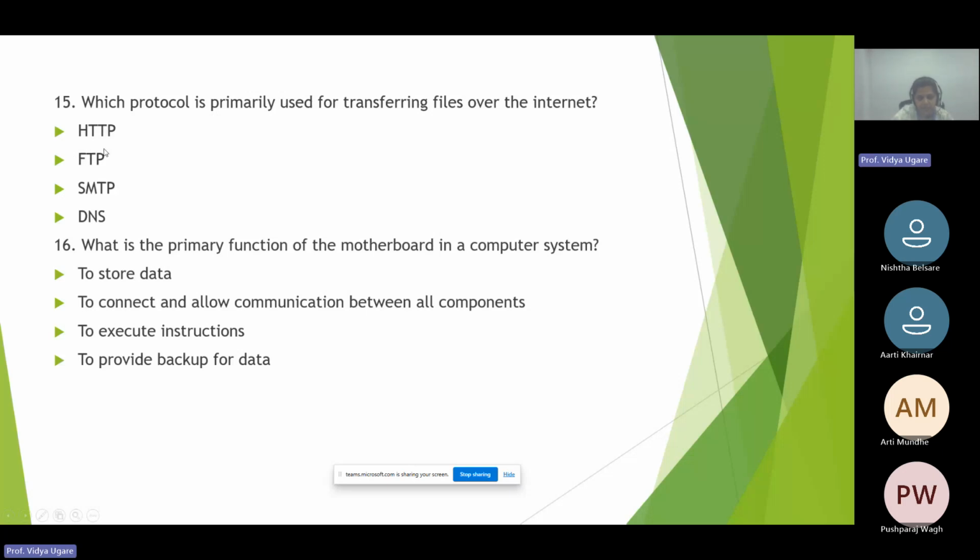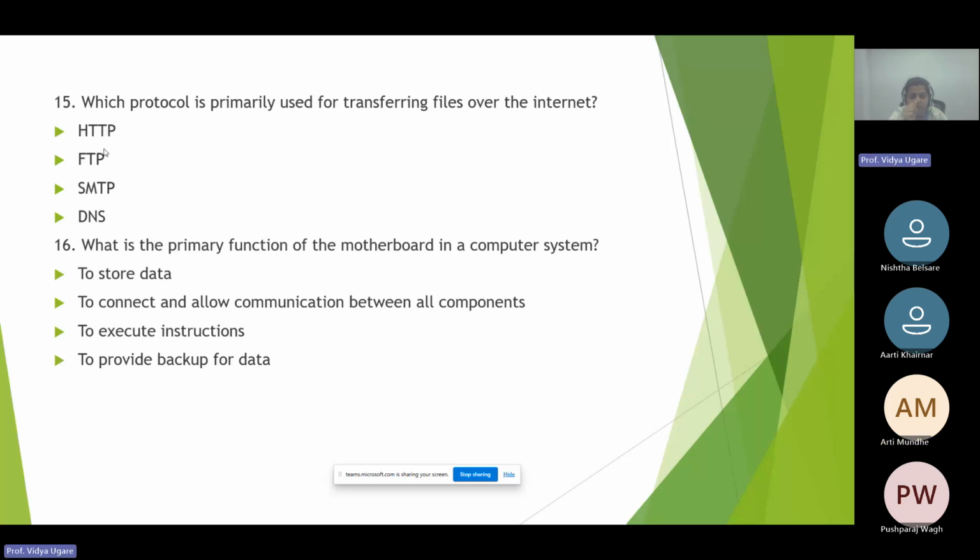Okay. Then we have, what is the primary function of a motherboard in a computer? Now, why do we use a motherboard? To connect and allow communication between all components. Exactly.